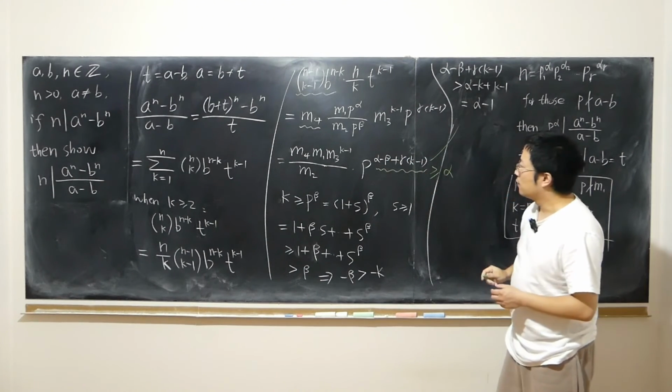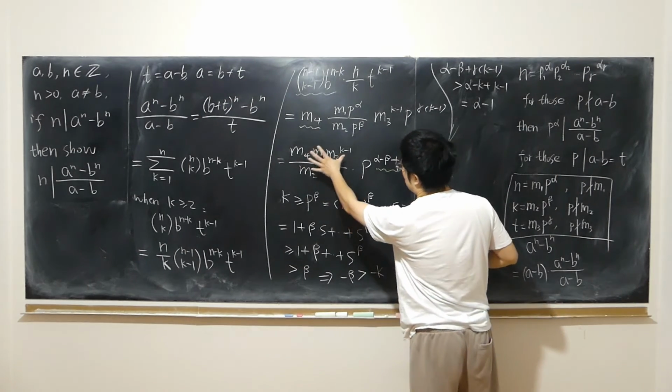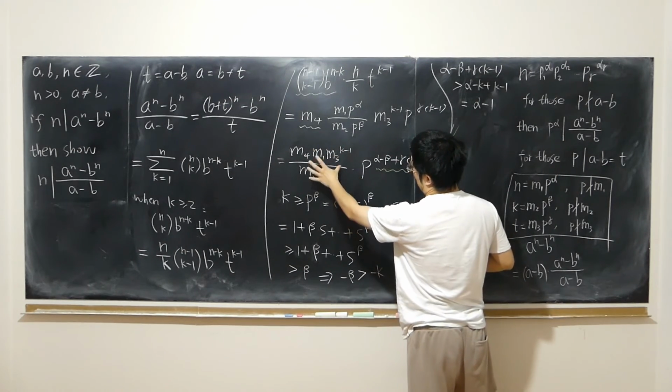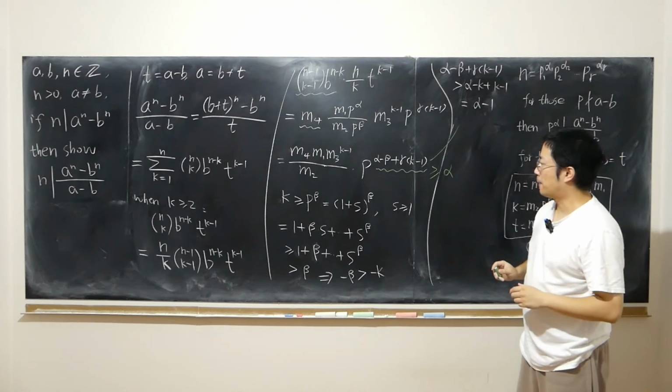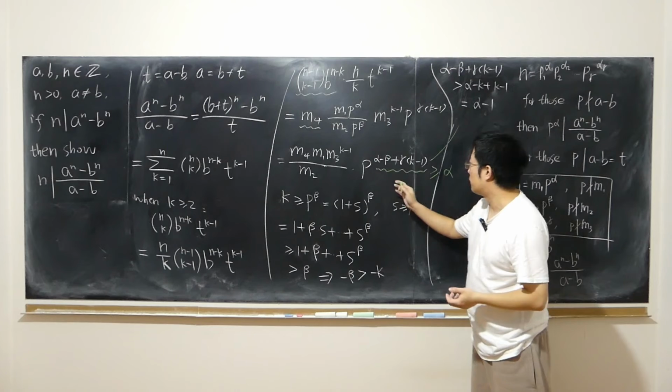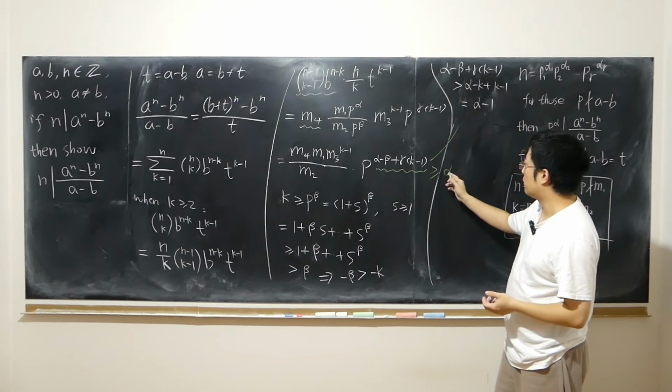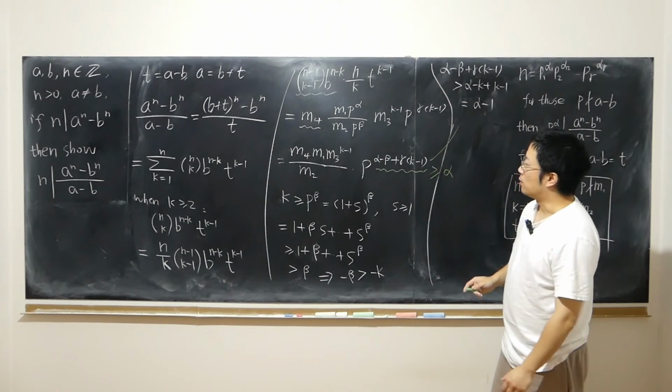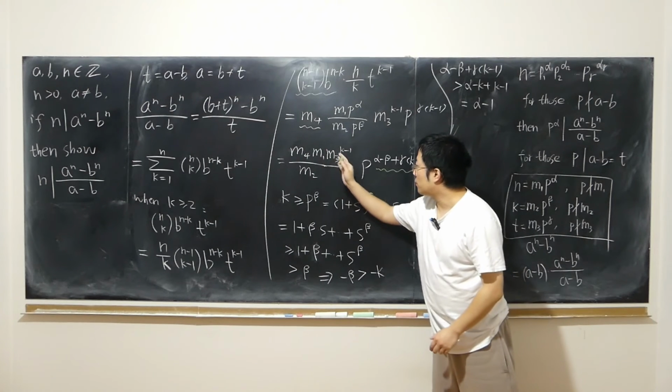So the question is, what happens to this term? If it's an integer, then it's fine. That means it's a multiple of this many p's, at least alpha many p's. But what if this is a proper fraction?